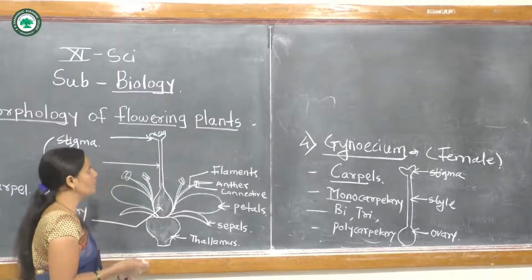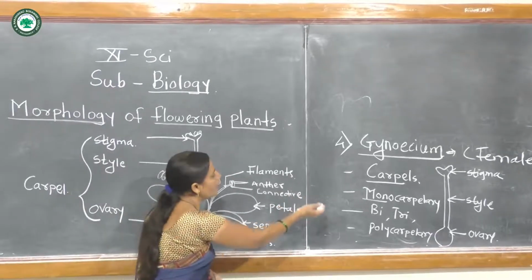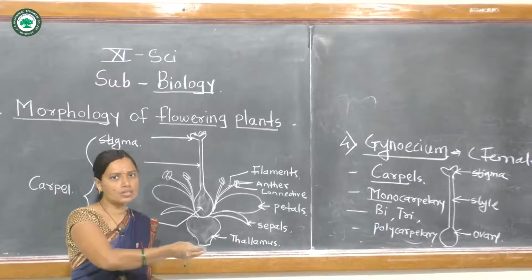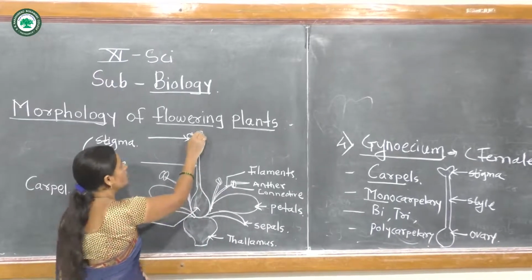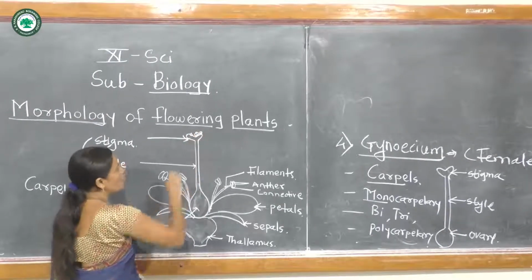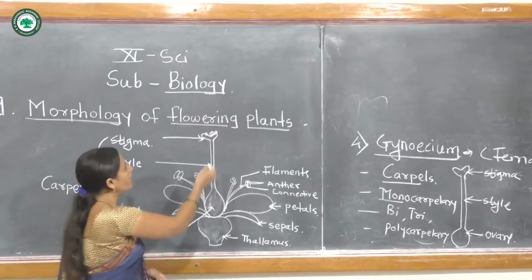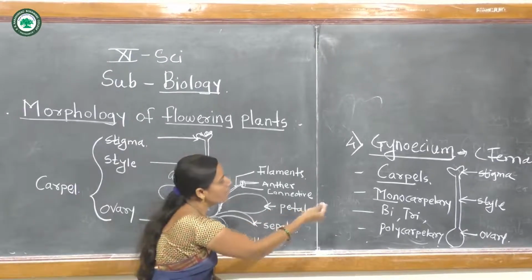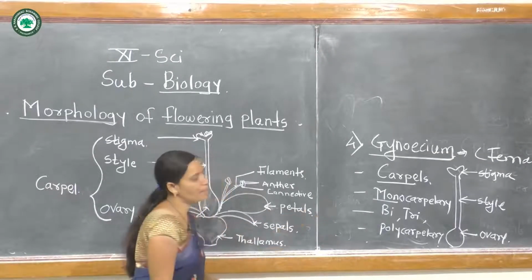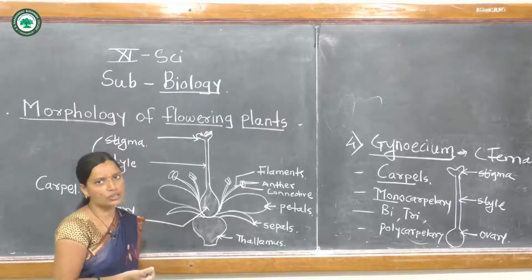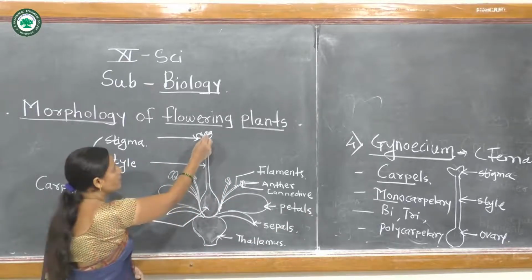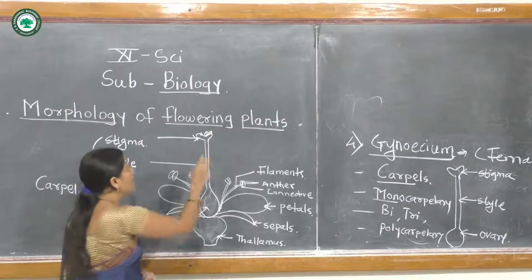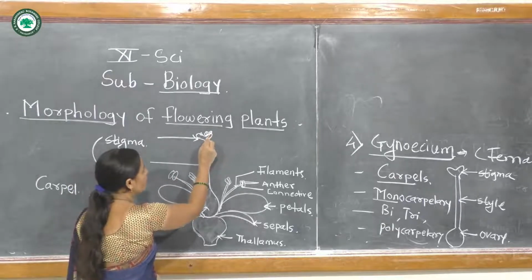The androecium means the stamens, and its pollen grains are transferred to the stigma. The pollen grains stick on the stigma because the stigma is sticky in nature. The gynoecium, individually known as a carpel, has a sticky stigmatic surface, and that is why the pollen grains stick on it and germination starts.